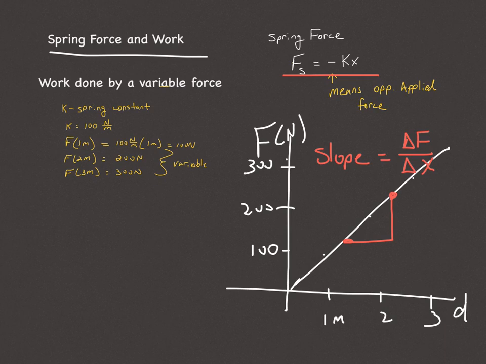So that slope is equal to the spring constant K. If we had another set of data, like 2 springs, and the slope was less steep, that would be a softer spring, right? You would need less force to stretch it out to that 1 meter.